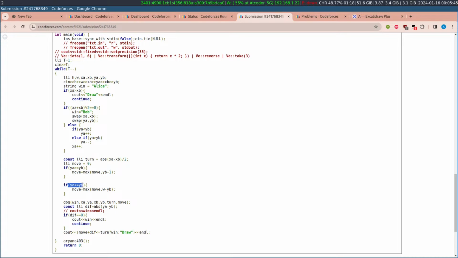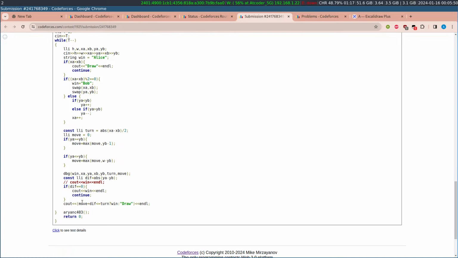Or if YA is less than YB, then the other person will have to move to the complete right-hand side, which would be W minus YB. Now you have the number of turns and the number of moves, the additional move and the difference, and you compare them over here. Based on that you decide whether the probable winner would win or it would be a draw. That was the main idea.